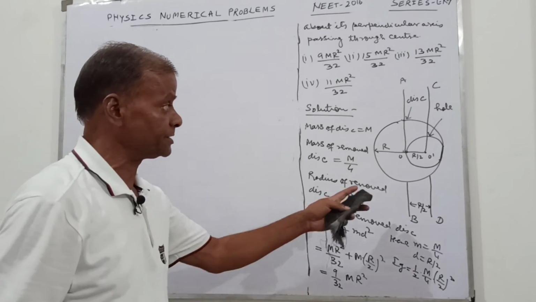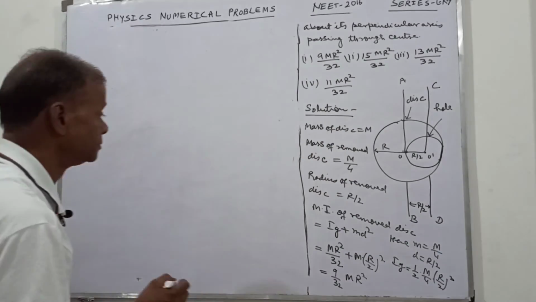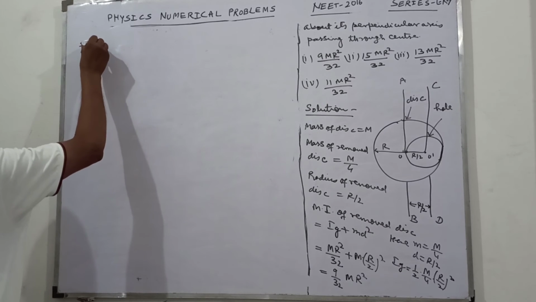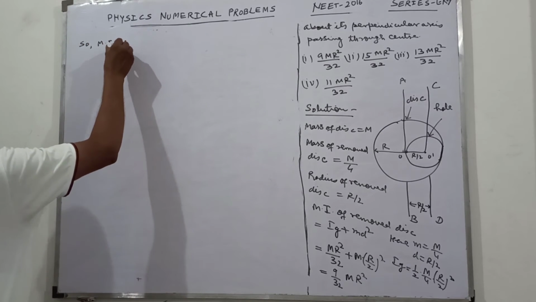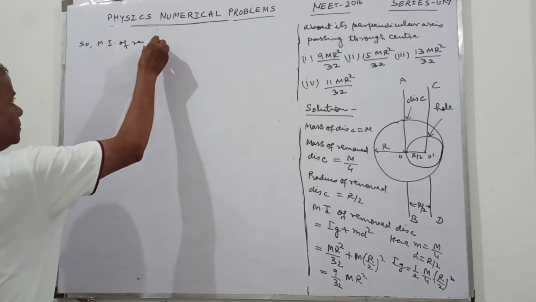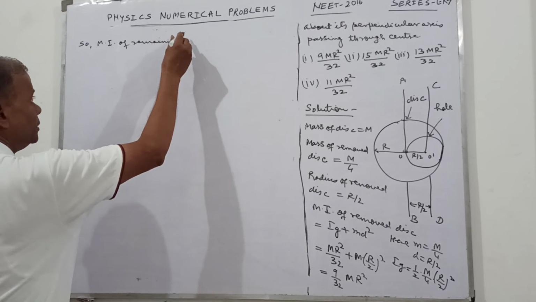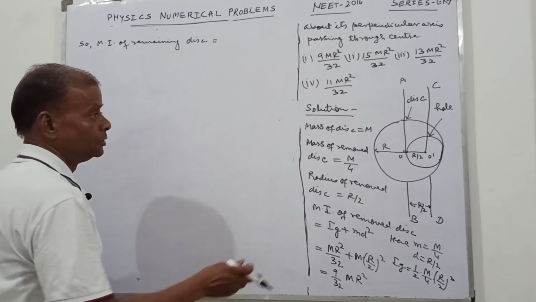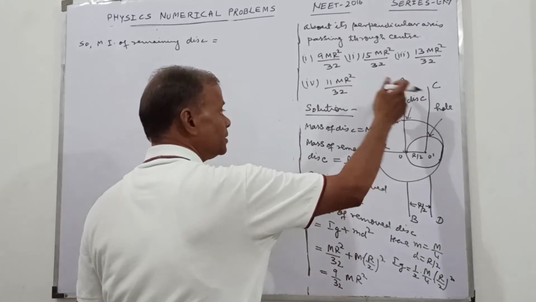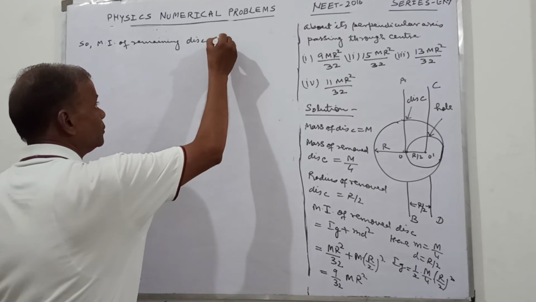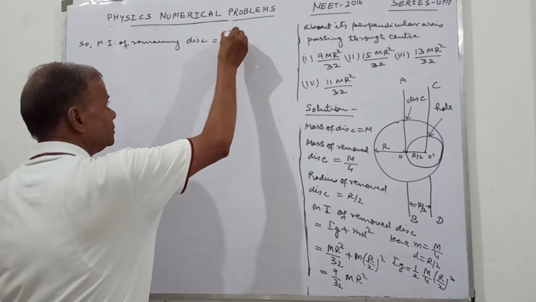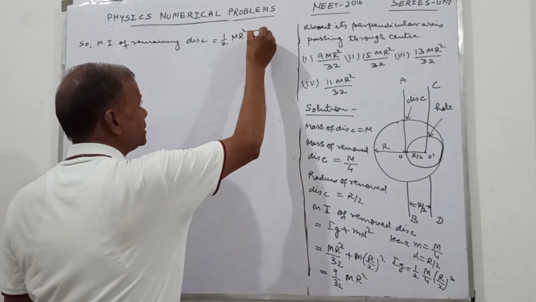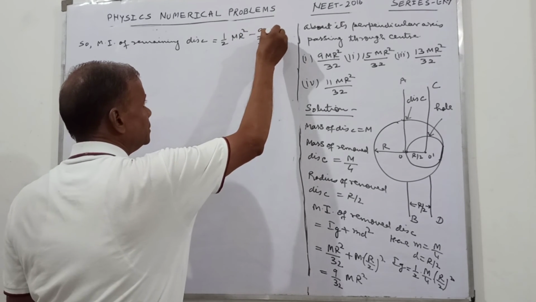So now, what is the moment of inertia of the remaining disk? The moment of inertia of the remaining disk is equal to the moment of inertia of the whole disk, which is 1 by 2 mr square, minus 9 upon 32 mr square.